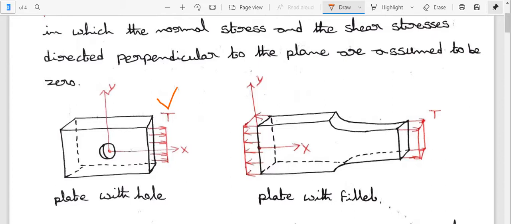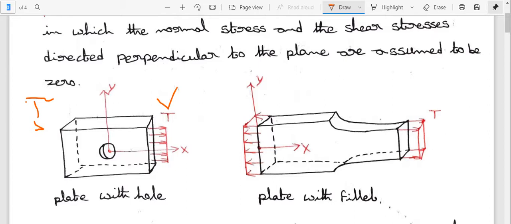The normal stress sigma z is 0, and the shear stresses tau xz and tau yz are also assumed to be 0.